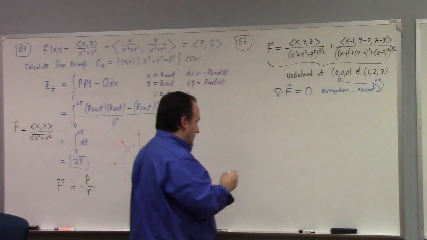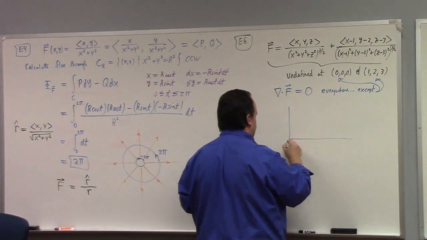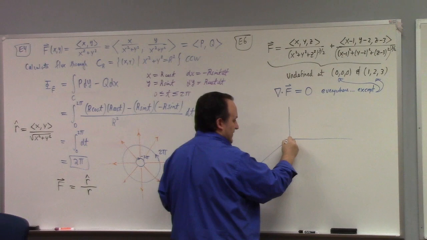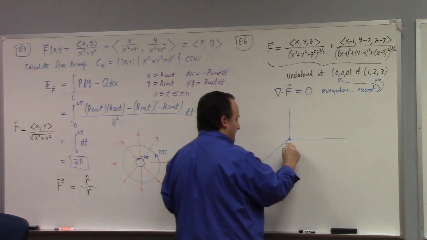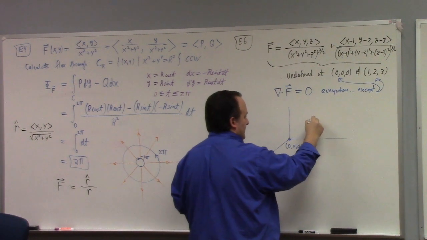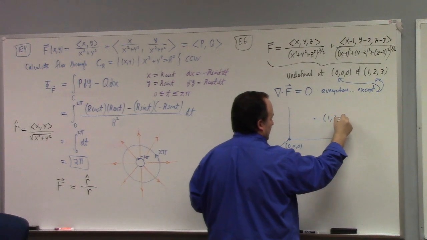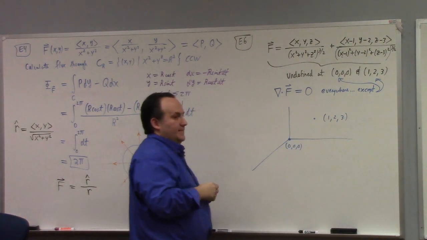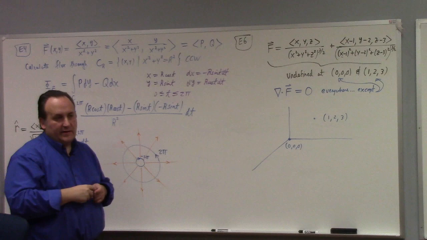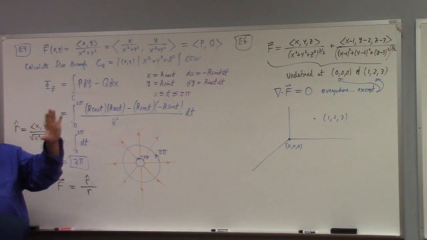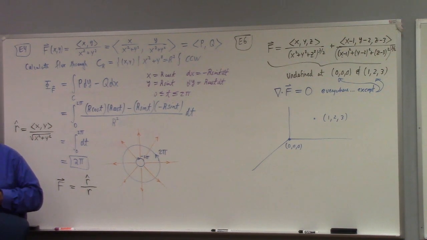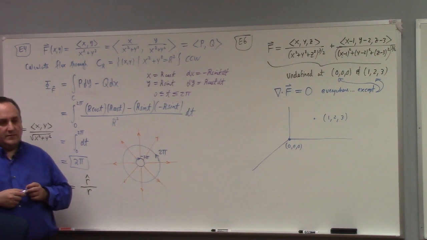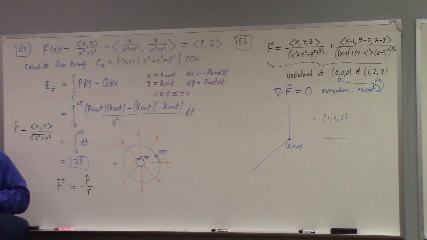So if you can imagine this, we've got to watch out. We've got the origin, and we've got some point out here, let's say 1, 2, 3. If I calculate the flux of this vector field through a surface, I have to ask myself whether or not one of these points is included in the surface.